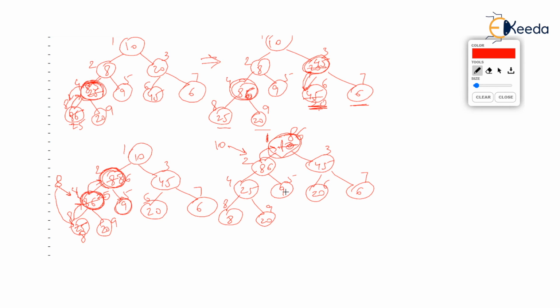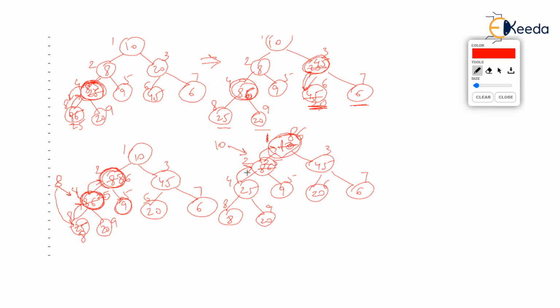So before you store 10 at the second node, you ask who are the children of 2? They are 25 and 9. Then take the largest child of 2 and compare it with 10. And you know 25 is larger than 10, then 10 cannot become parent. 25 must become parent. I hope you are getting this. 25 now becomes parent. 25 sits at the second place.